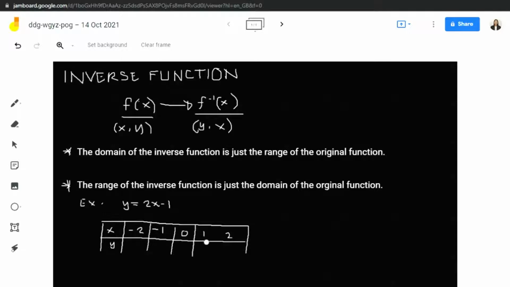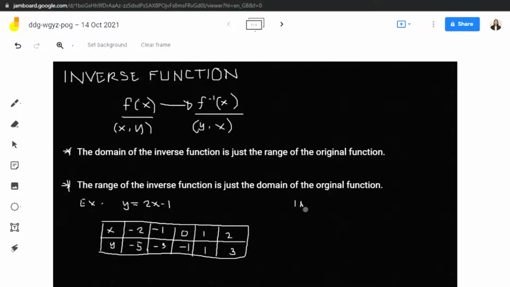Now don't forget that this is for the original function, so we'll be substituting the values of x to get y. If x is negative 2, y is negative 5. If x is negative 1, y is negative 3. If x is 0, y is negative 1. If x is 1, y is 1. If x is 2, y is equal to 3. This is for the original function.